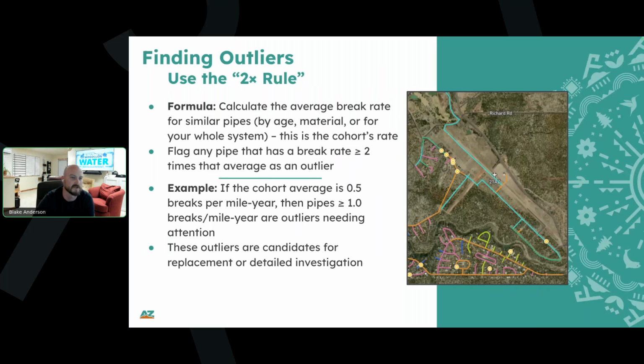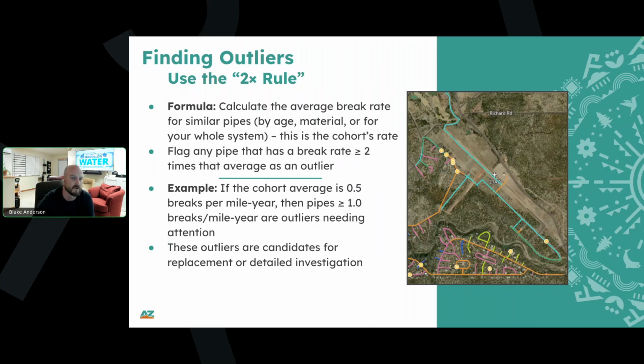You do that by focusing on outliers. A simple rule is, if your pipe's failure rate is 2 or more times higher than the average for similar pipes or just your general system, it's performing significantly worse than the norm, and that sticks out as a problem.